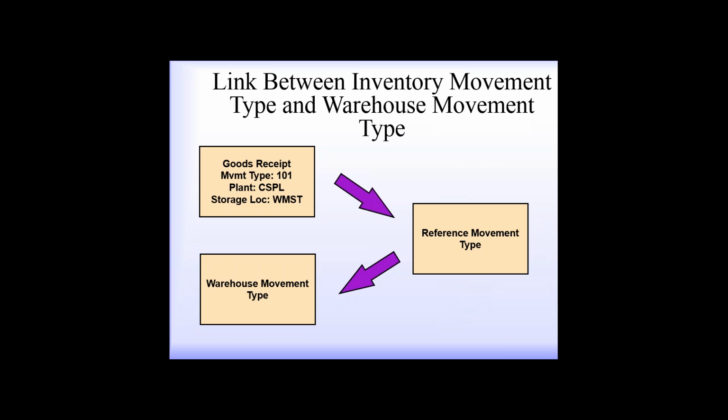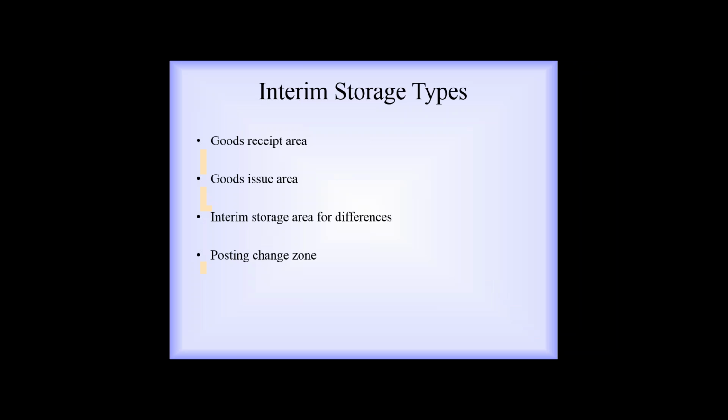And how does the link work between inventory and warehouse management? Whenever you execute any transaction in inventory management, how that is linked to WM will be covered in detail with SAP configuration. There are SAP-defined intermediate storage types, interim storage types. There are so many interim storage types already available in SAP, or you can also create your own interim storage types, with the necessary configurations required for mapping that.